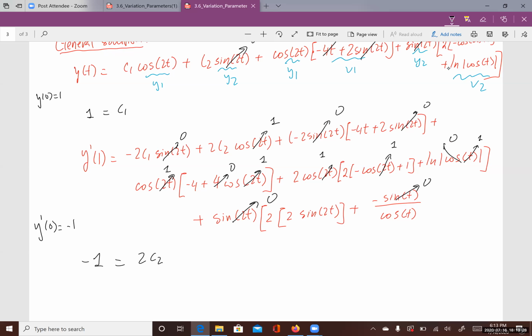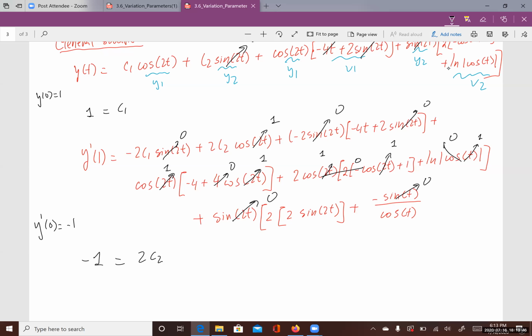So this is 0. And I just have 2c2 here. I have 1 here, but it's negative 1. Then plus 1 is 0. So the whole thing is 0. So what's left over is just one term right here, right?